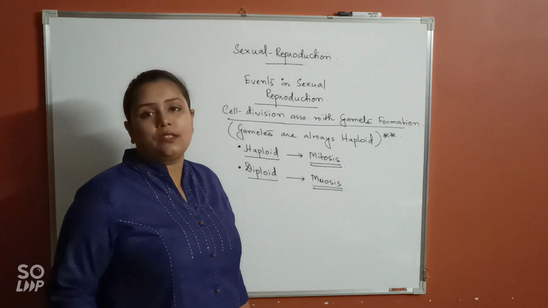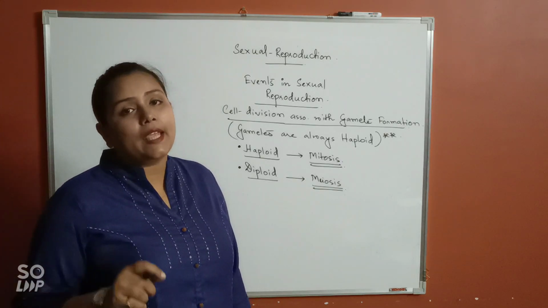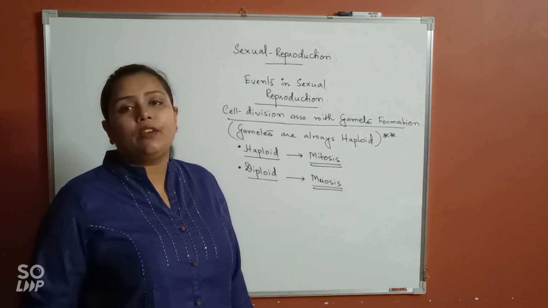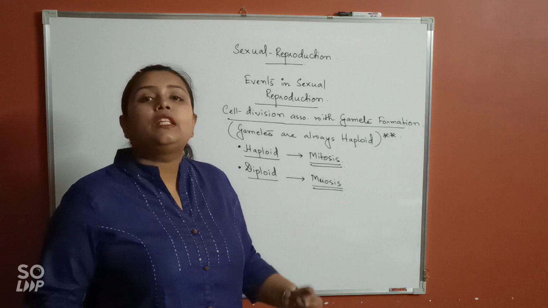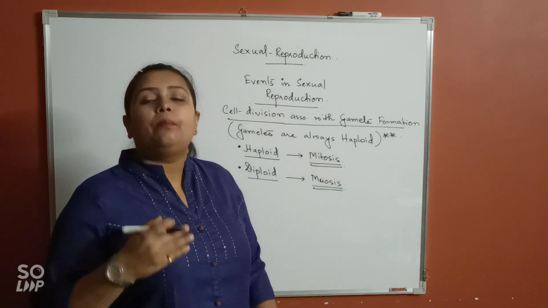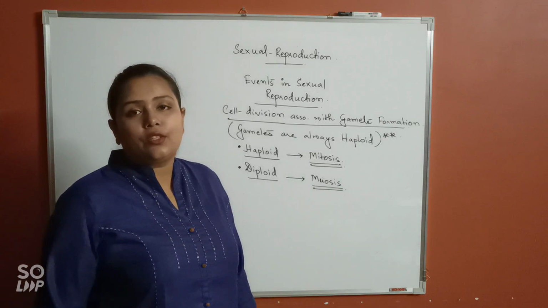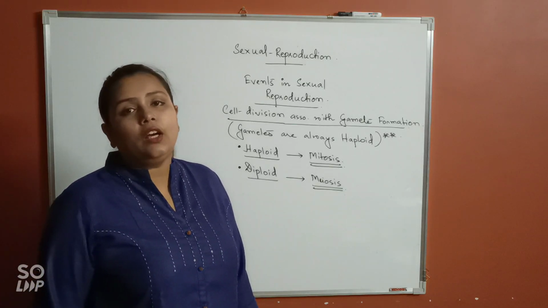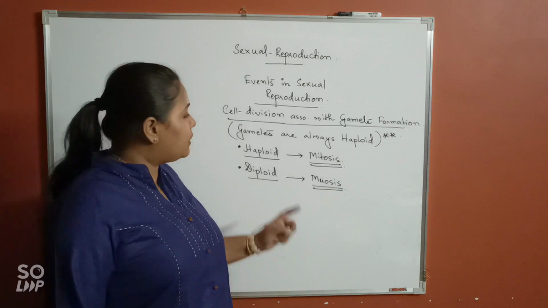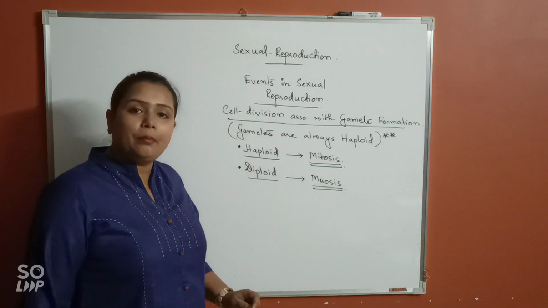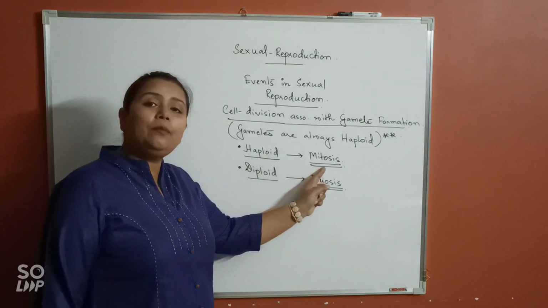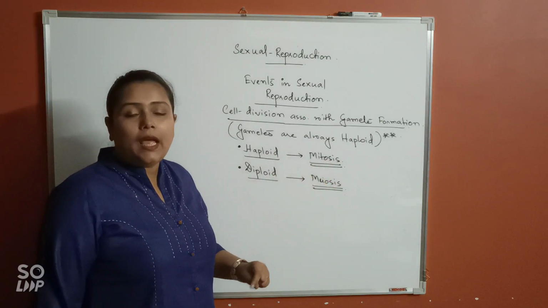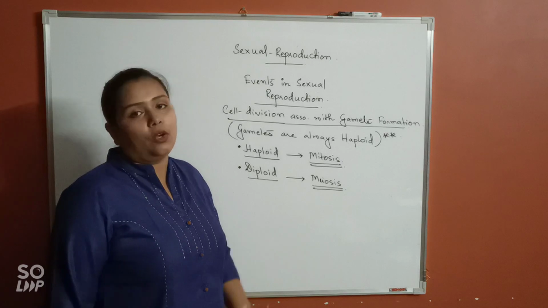This is called zygotic meiosis. When the zygote undergoes meiosis, it will give rise to haploid spores. The spores will again undergo mitotic divisions, giving rise to many spores, and these spores will then form the body of the organism. So this is also very important to remember, that haploid organisms might produce gametes by mitosis, but they do undergo zygotic meiosis.